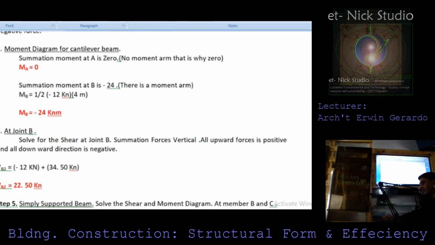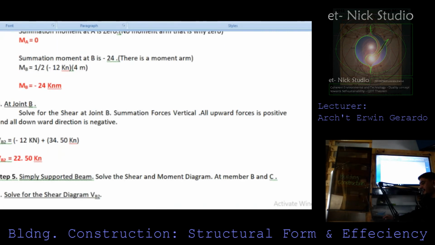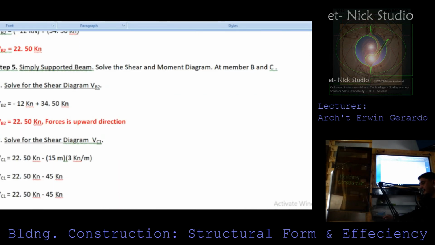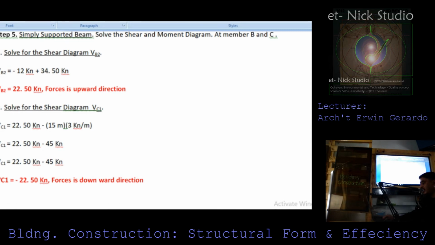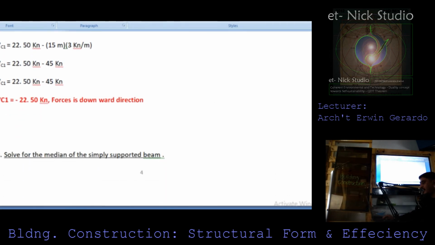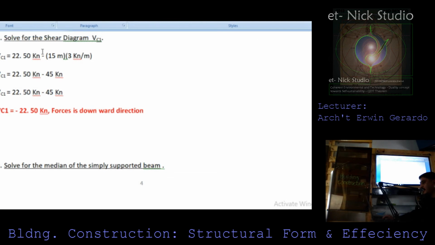Under number 2, solve for the shear diagram, which is VC1. So take note, under VC1 is 22.5 kilonewton minus 15 meters times 3 kilonewton per meter, which is equivalent to 45 kilonewton.